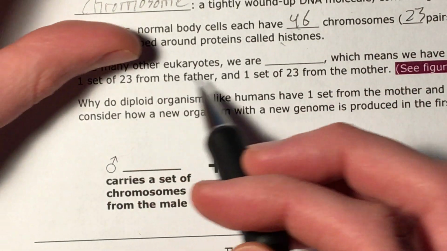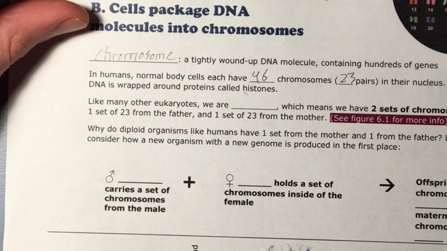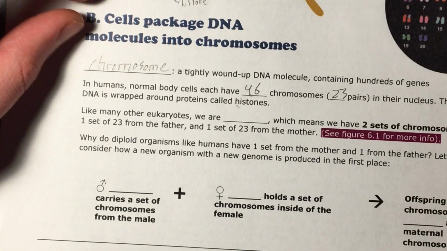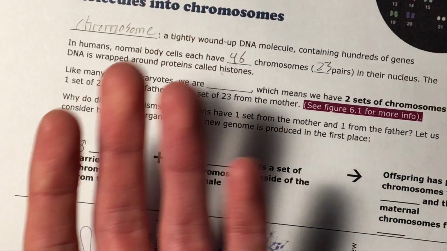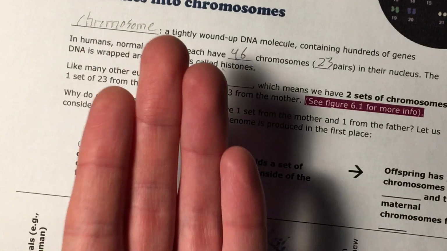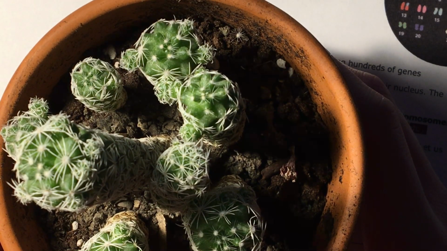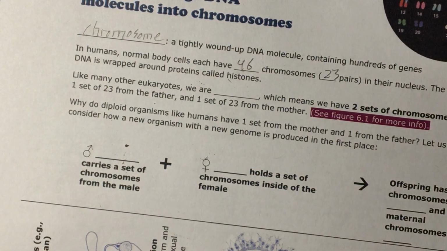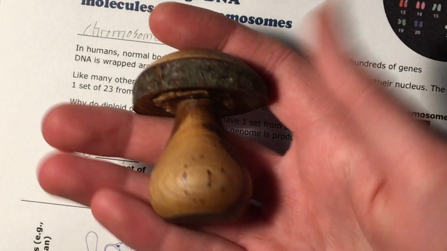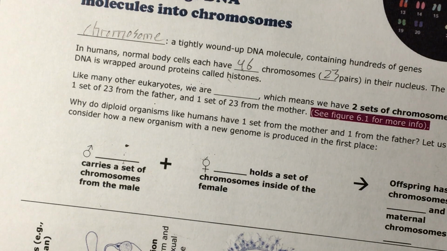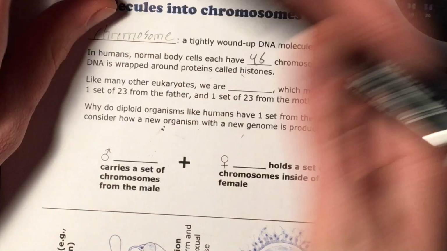All right, so like many other eukaryotes, remember, what are eukaryotes? Eukaryotes would be anything, whether it's any animal that has a nucleus in its cell, or a plant. Plants also have nuclei in their cells, and mushrooms as well, okay? So anything that has nuclei is a eukaryote.